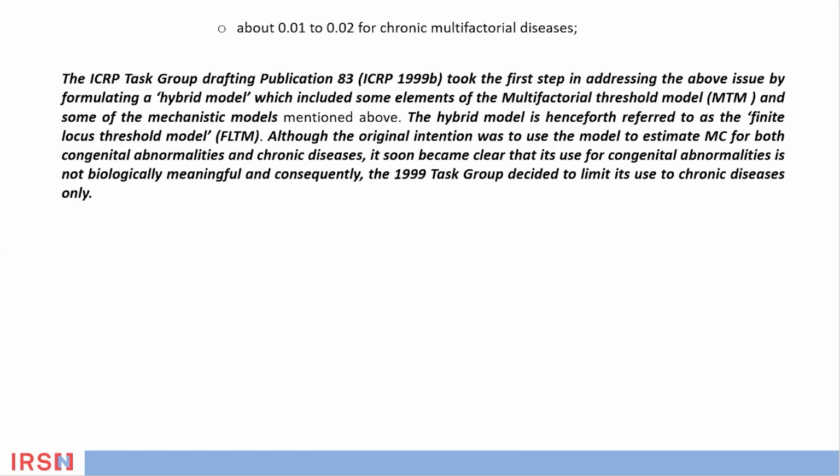They referred to this model as the finite locus threshold model, FLTM. The original intention was to use the model to estimate the mutation component for both congenital abnormalities and chronic disease. But it soon became clear that its use for congenital abnormalities is not biologically meaningful, and so they decided to limit it to multifactorial chronic disease.